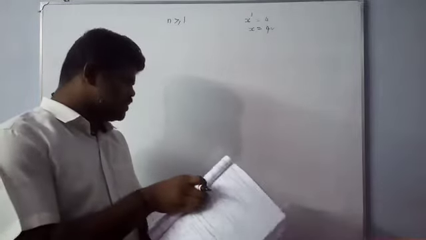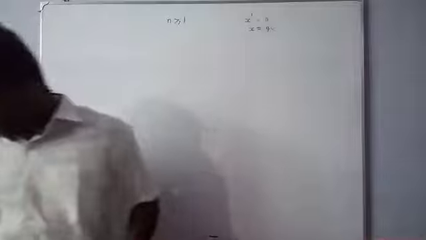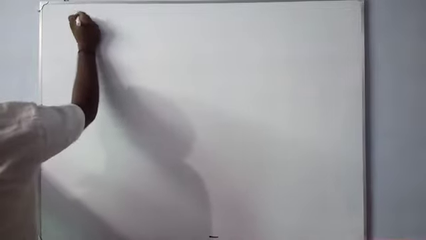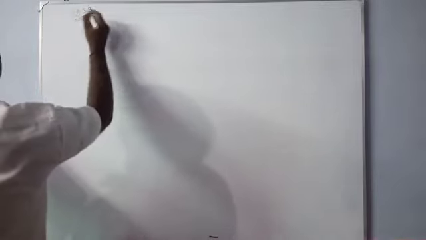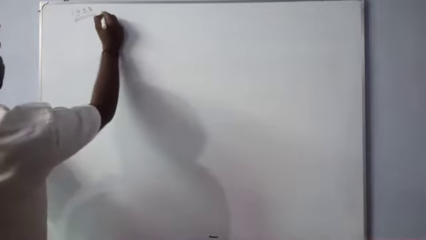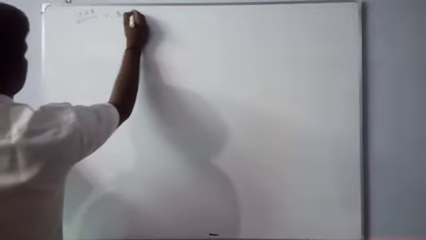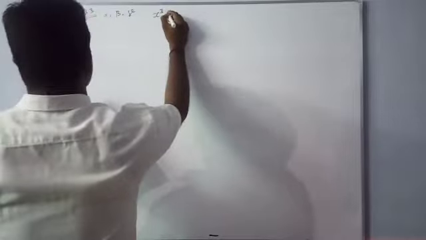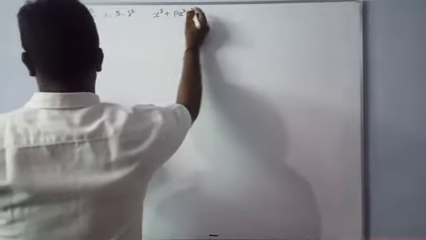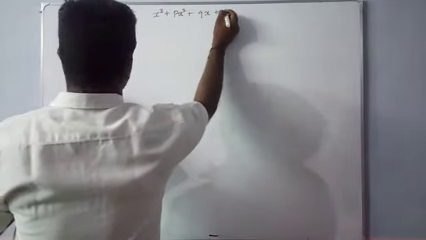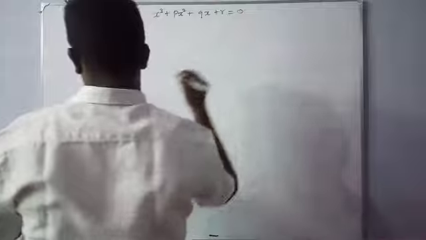Now, example 3.3. Let alpha, beta, gamma be the roots of the equation x cube plus px squared plus qx plus r equal to 0.